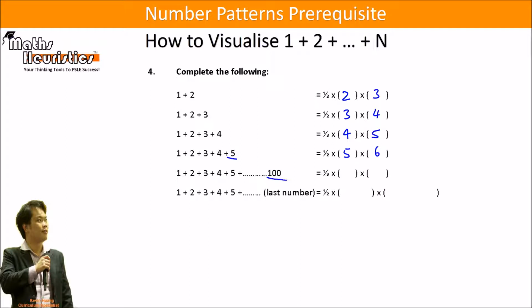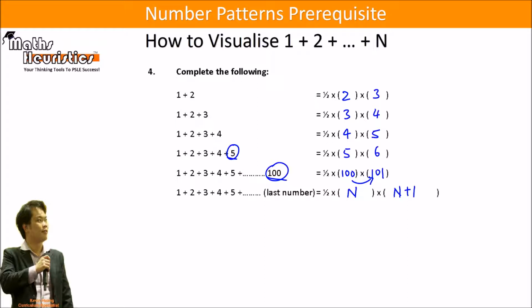So even if I blow this up all the way until 100, the pattern should be the last number comes here. So 100 will come here. This would be 1 more than that. So if I have 1 plus 2 plus 3 plus 4 plus 5 all the way up to the last number, this will be half times the last number times that last number plus 1.